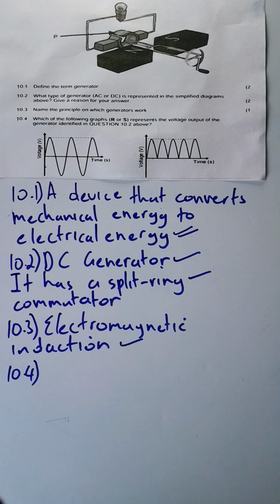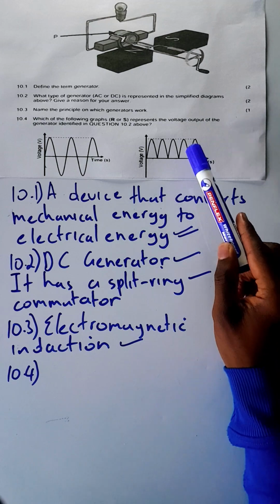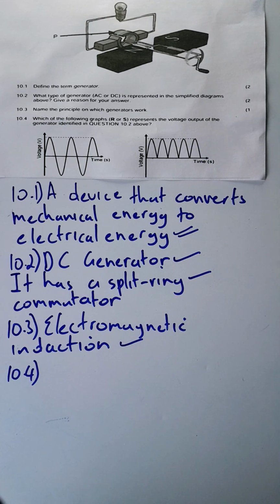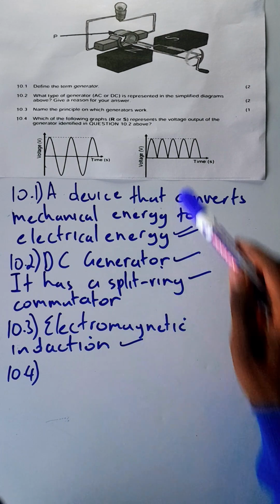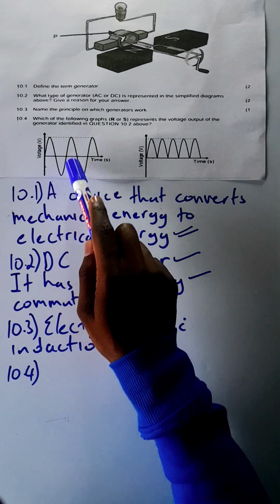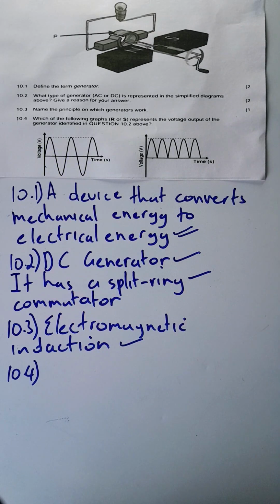You can see this one over here, the output does not change. It's only maintained on one side of the vertical axis. It does not change direction like this one over here. It just goes from 0 to peaks, without changing direction.